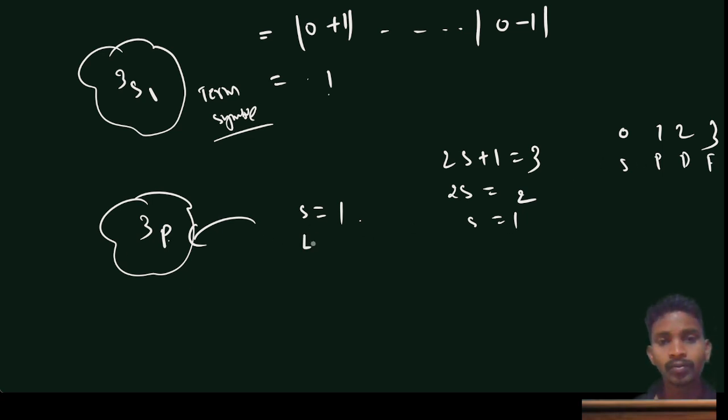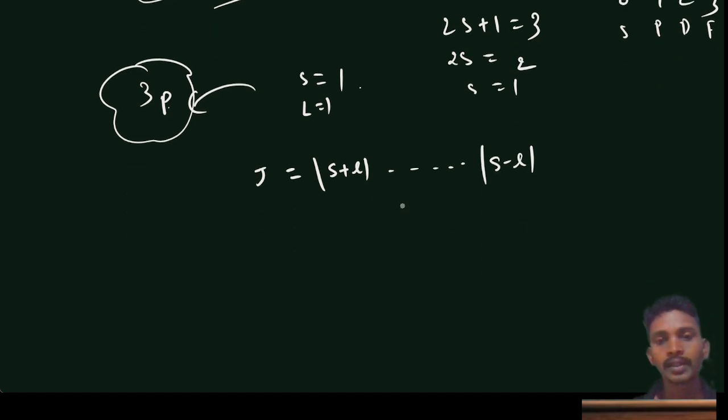So the J value, in LS coupling, is S plus L down to S minus L, or we can say L plus S down to L minus S, because the negative has no effect as the modulus is taken; even if it comes negative, it becomes positive.